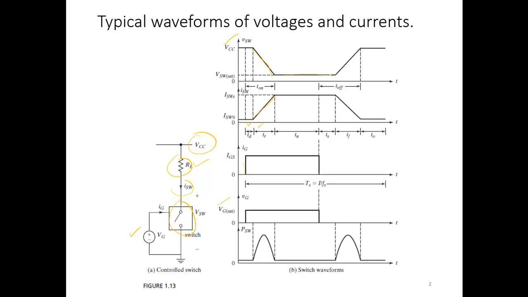When it is completely on, there will be a finite voltage, the saturation voltage of the switch. If it were an ideal switch, it would be 0 voltage, and the maximum current would flow. How much current will flow?